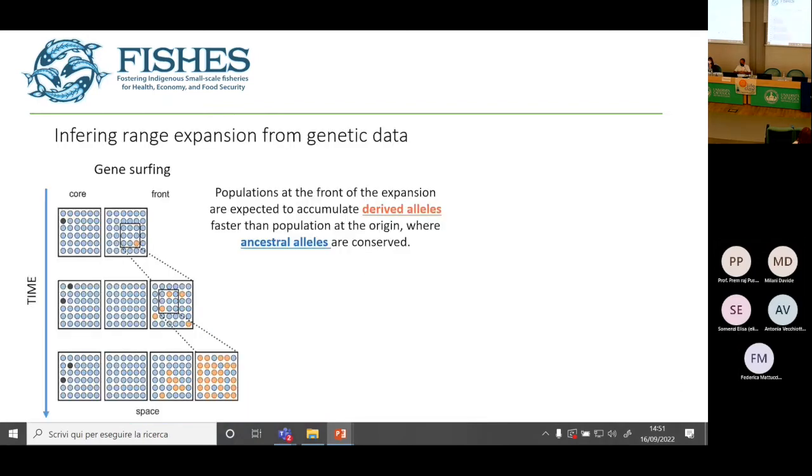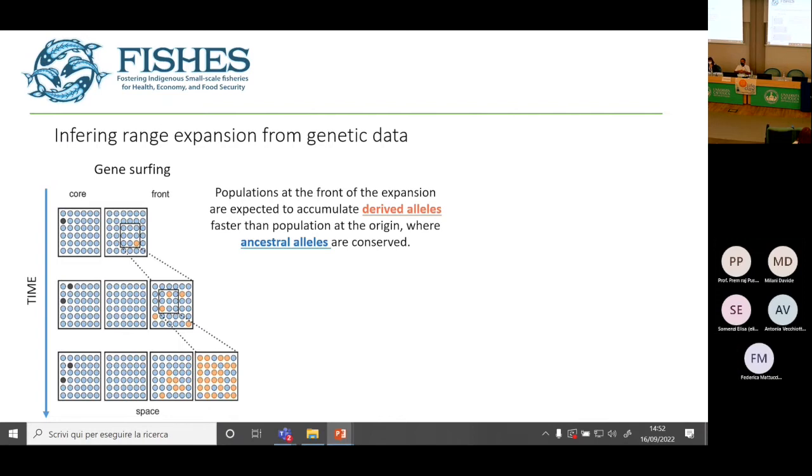And now, to be able to say more about the evolutionary history of the region and how the range expansion since the last glaciation happened, we used a method based on the ancestral and derived alleles, because when the range is expanding, we expect it to be based on serial founder effects.